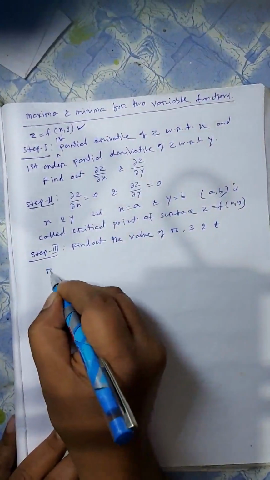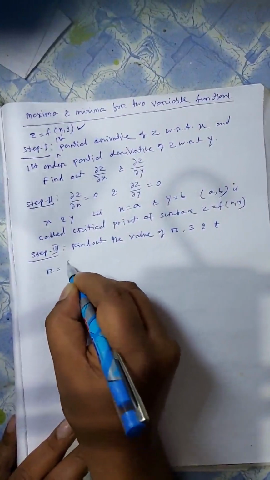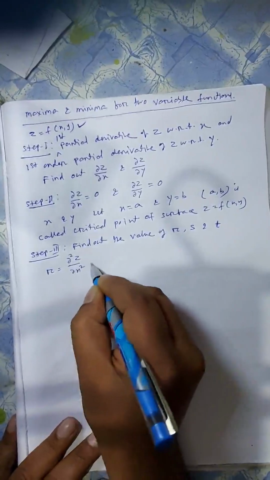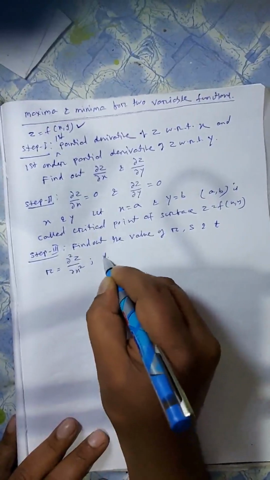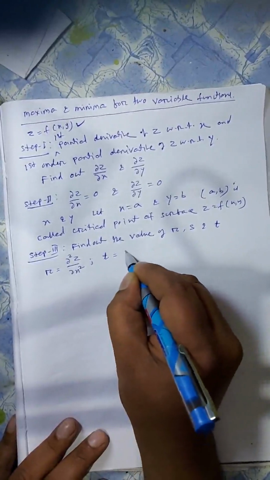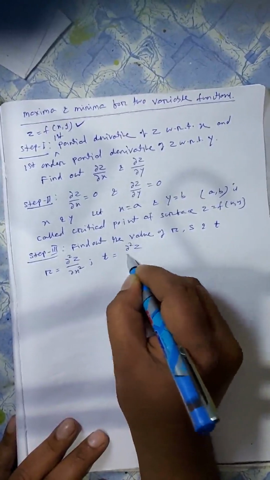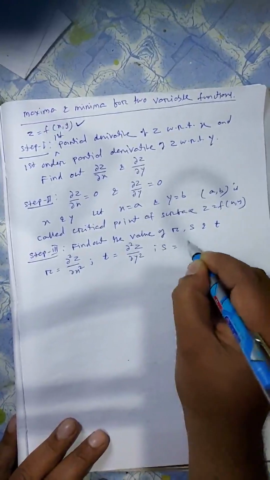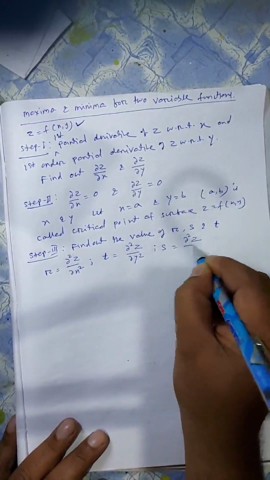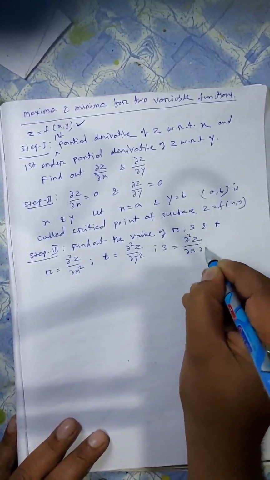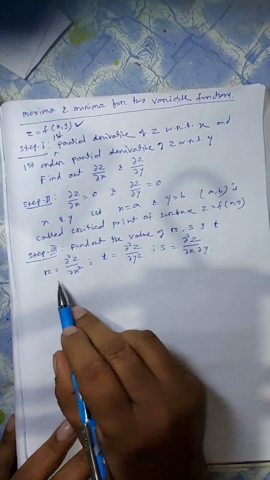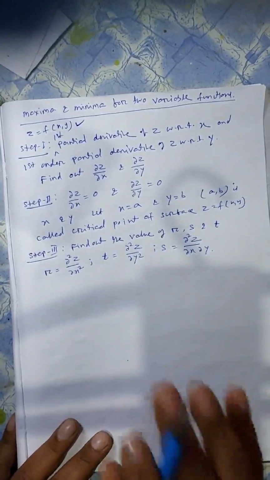One is R, which is equal to dou square z by dou x square. T is equal to dou square z by dou y square. S is dou square z by dou x dou y. We have to find these three values of R, T and S.